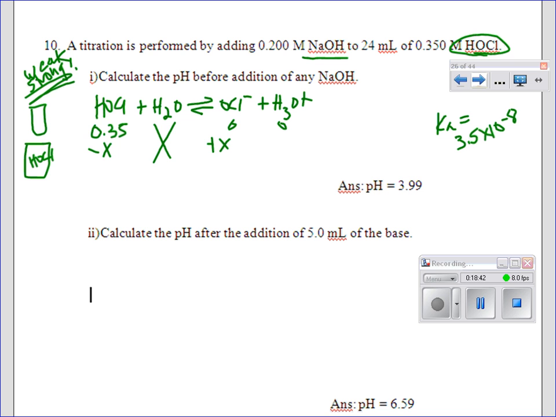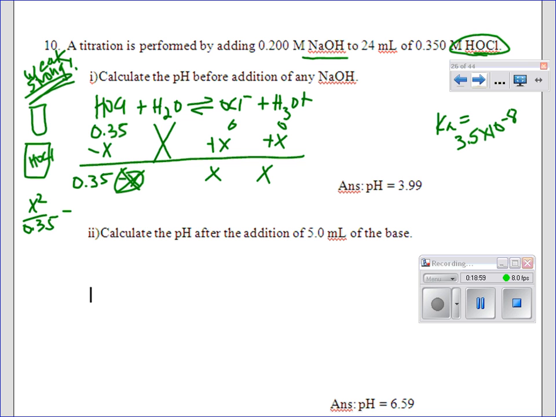I'll need some X's here in a second. So X squared divided by 0.35 is equal to 3.5 times 10 to the negative 8. And this answer is going to be a little bit off. I don't know why. What did y'all get for X?